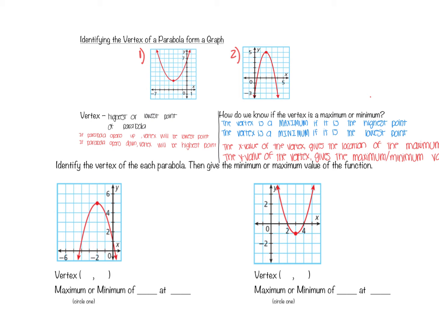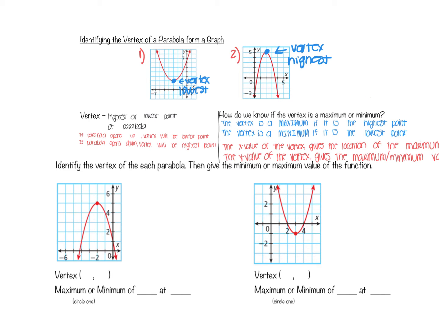Like here in graph number 1, this point right down here is my vertex, and since it's at the bottom of my parabola, that is the lowest point. And if the graph opens down, like here in graph number 2, so the ends of my graph face down, that is still my vertex, but in this case, it is the highest point of my graph.